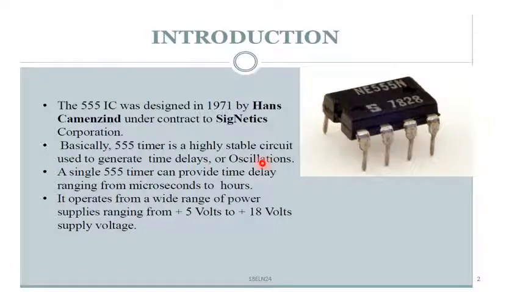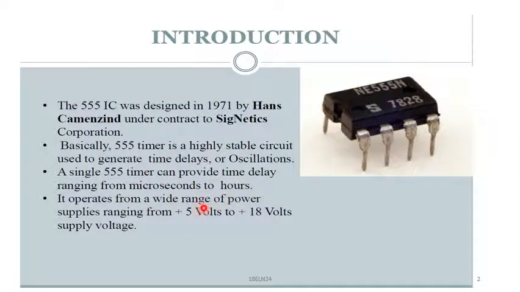It is used to generate different time delays, and in oscillator circuits also. A single 555 timer can provide time delays ranging from microseconds to hours.